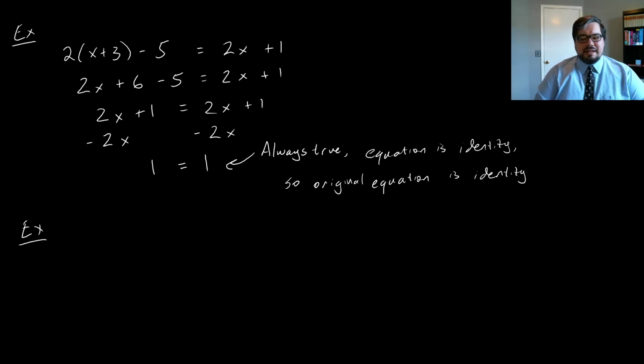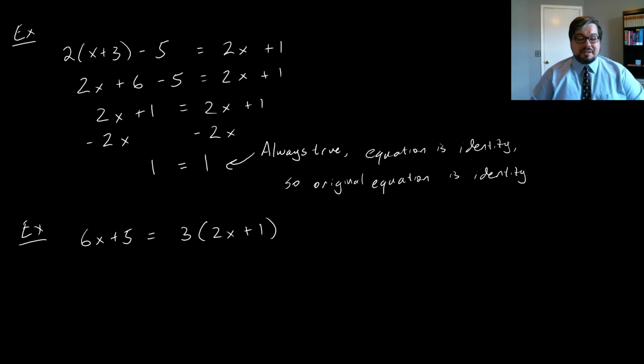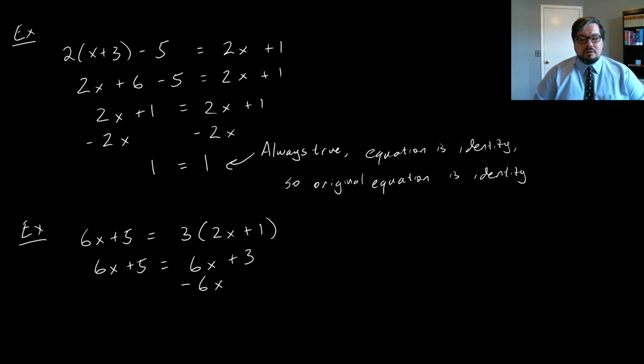On the other hand, let's look at something like 6x plus 5 equals 3 times (2x plus 1). If we try doing the same thing with this, try to solve this equation, we get 6x plus 5 is equal to 6x plus 3. We could subtract 6x from both sides. And when we do that, we would get just 5 equals 3. Now, the thing about the equation 5 equals 3 is that it's false.